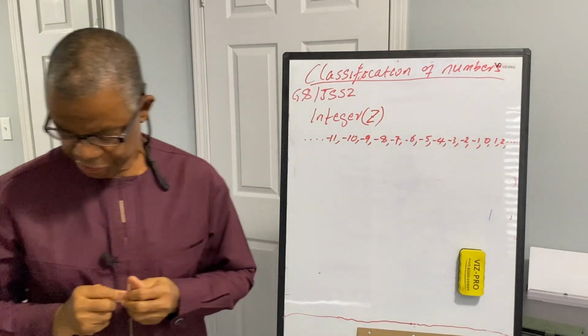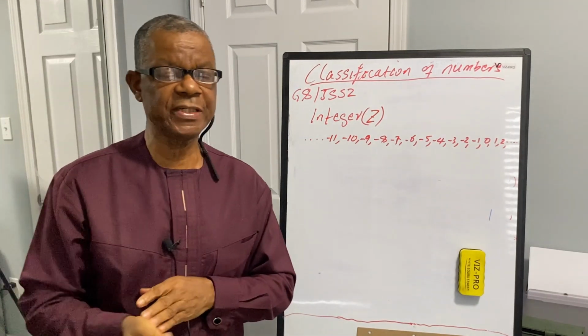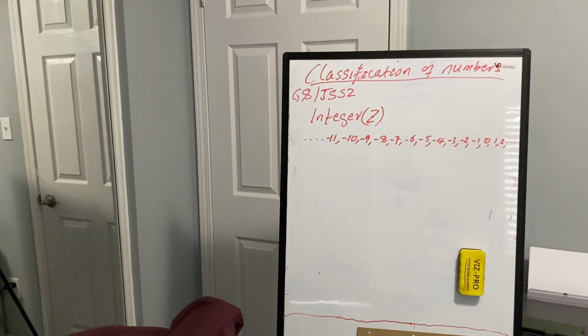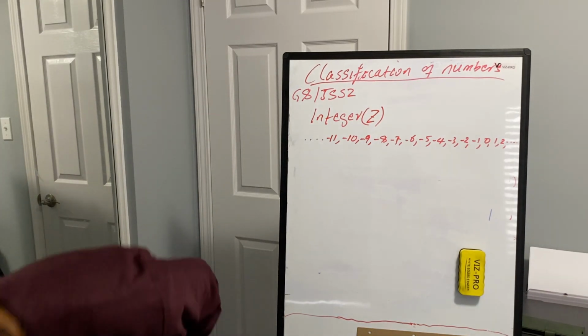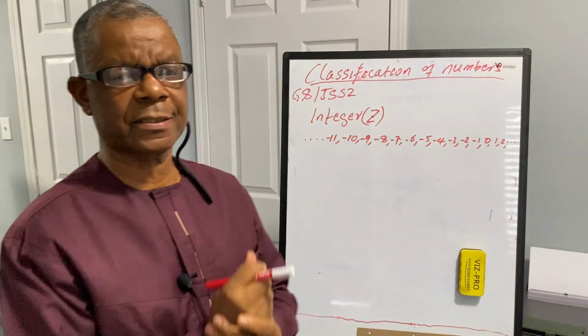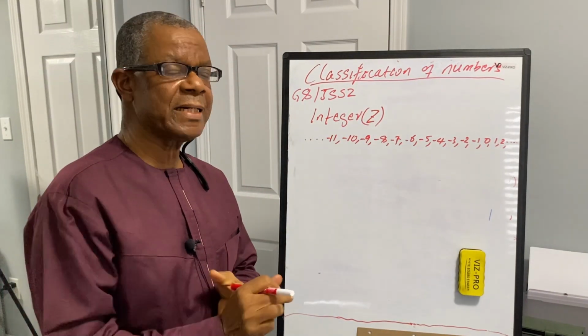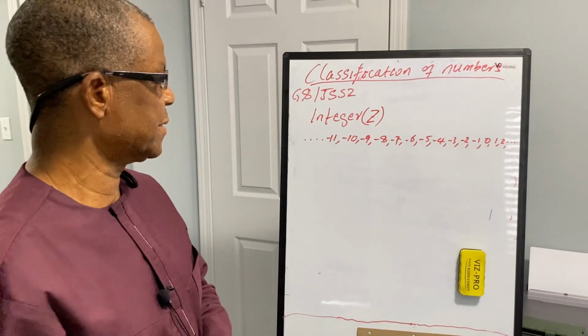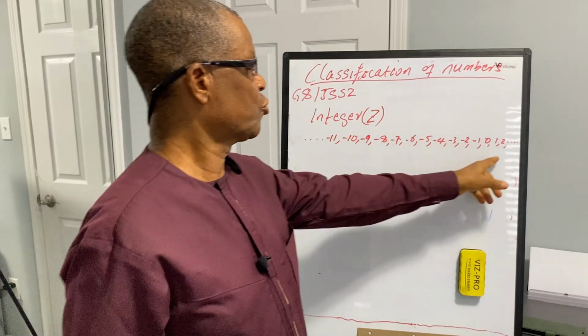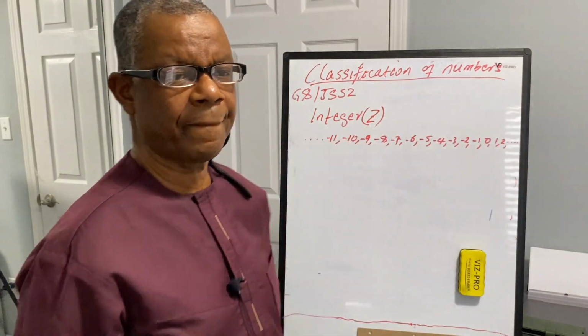This is our integer. And that is why we say that integer is all the negative and positive whole numbers. Negative from infinity to positive to infinity.